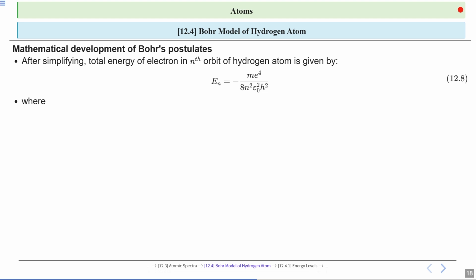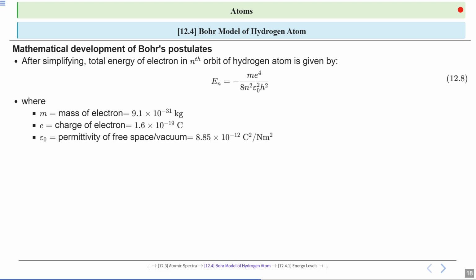So now let's break down what each symbol in the formula stands for. So first, m is the mass of the electron. Its value is 9.1 times 10 to the power minus 31 kilograms. Next, e is the charge of electron, which is 1.6 times 10 to the power minus 19 coulombs.